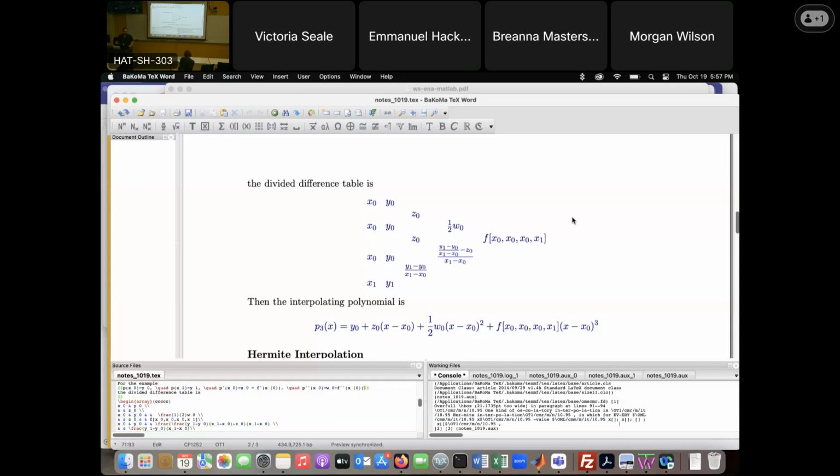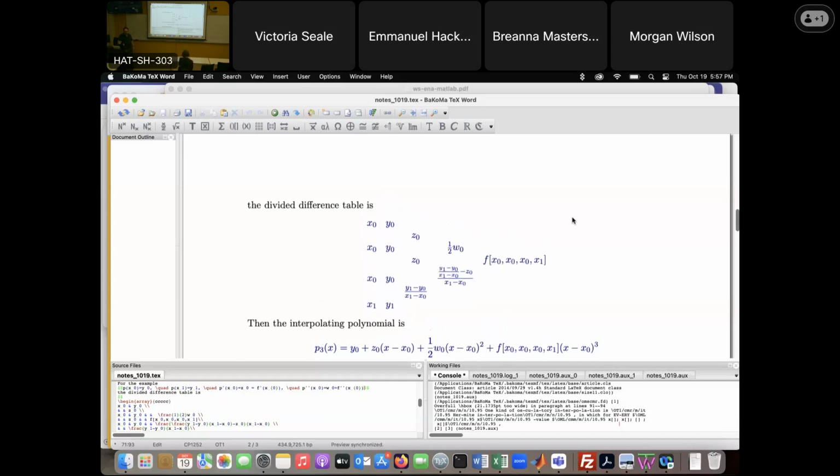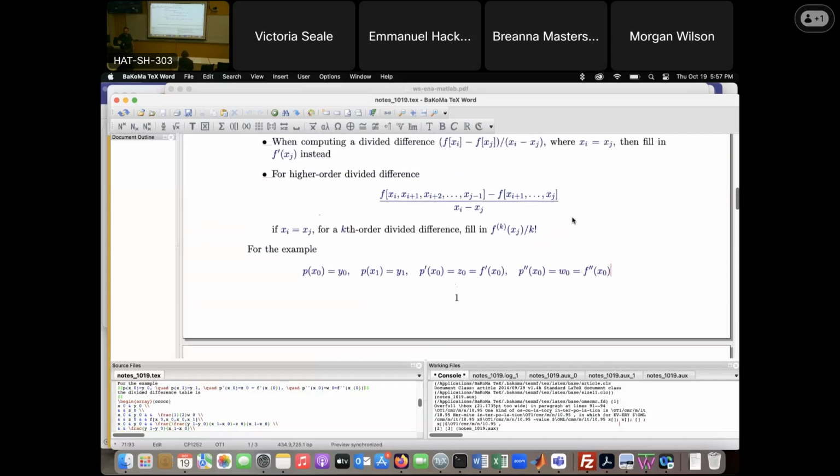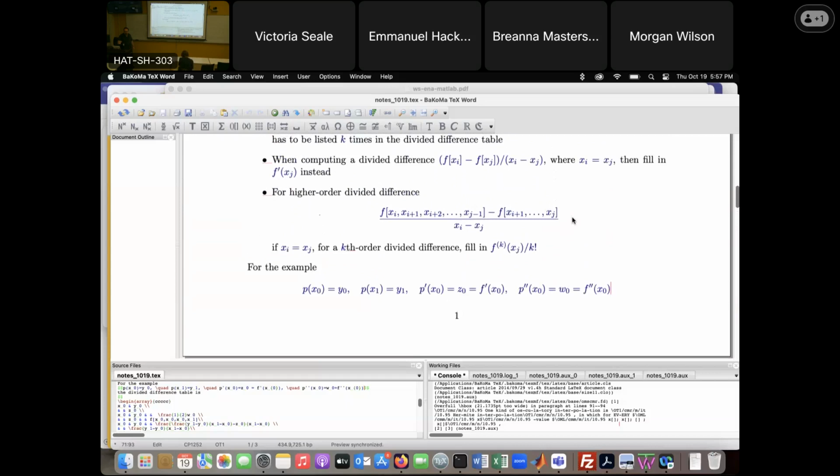I have a side question, but it might not be very important. If you scroll up: if xi equals xj for a kth order divided difference, fill in the kth derivative at xj over k factorial.